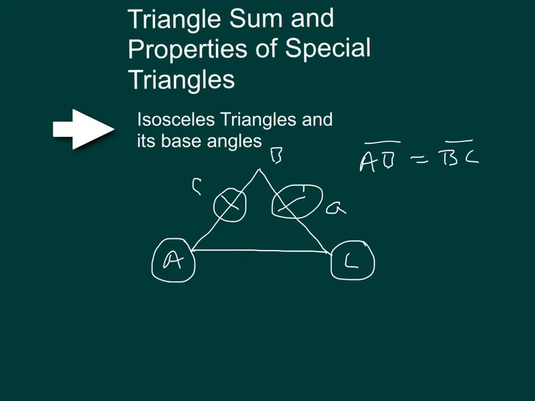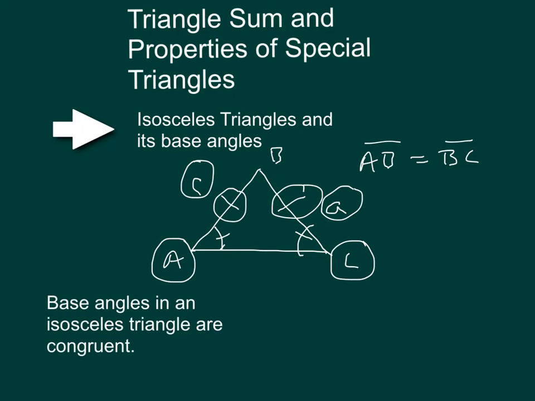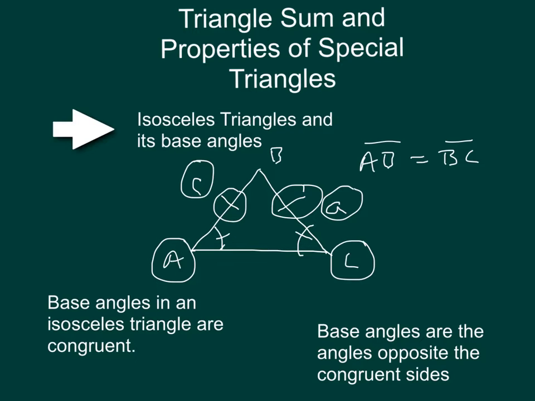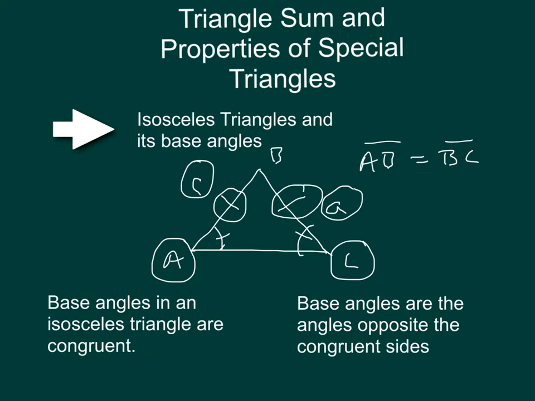Therefore, angle A right here must be equal to angle C, because lowercase c and lowercase a are of the same length. So again, the base angles in an isosceles triangle are congruent, and the base angles are the angles opposite the congruent sides.